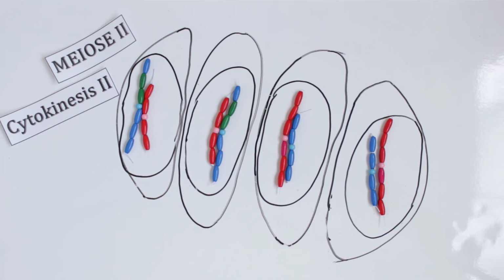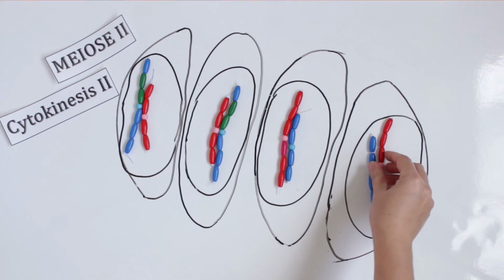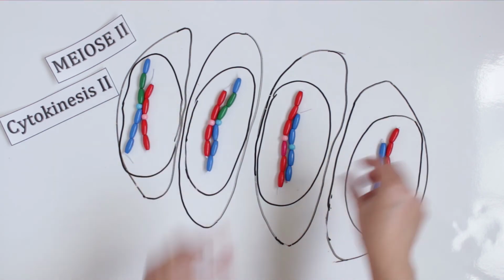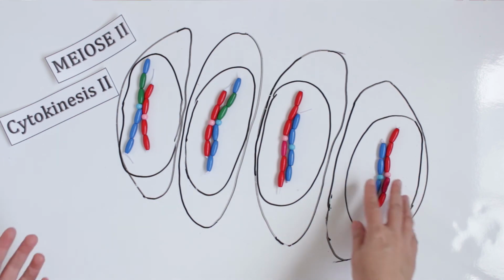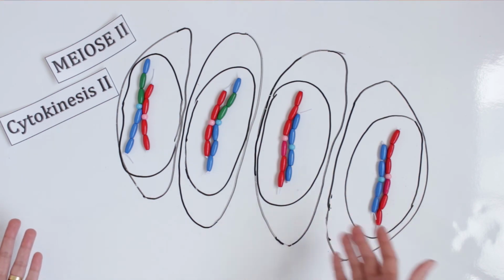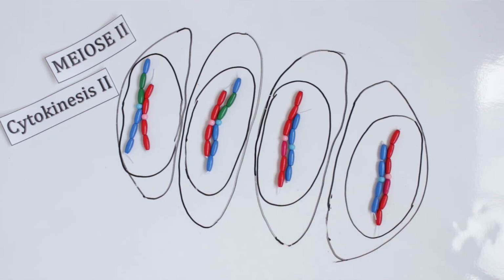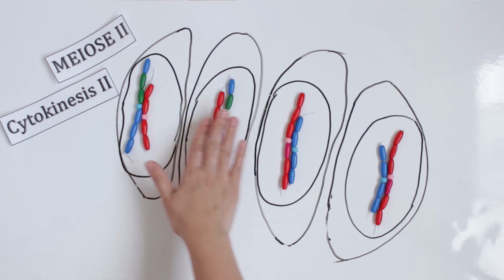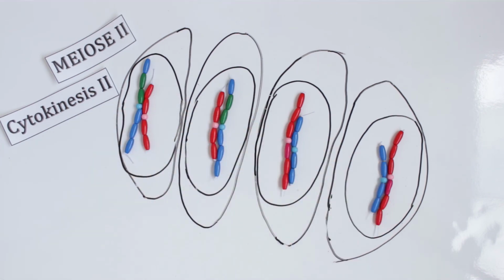And look at the chromosomes. This one looks different from this one as well. In this case I just played with 2 chromosomes, but in humans I have 23 pairs. So all of these new cells that I formed are going to receive a new combination.